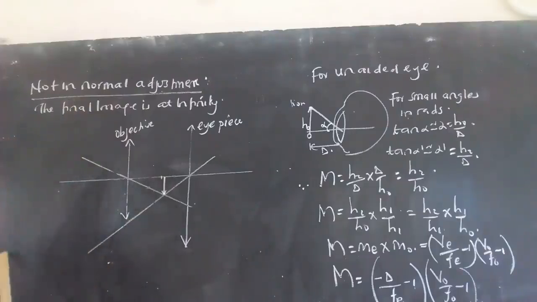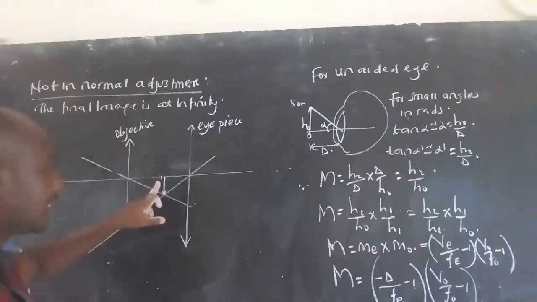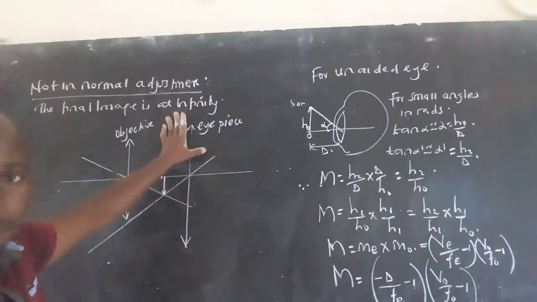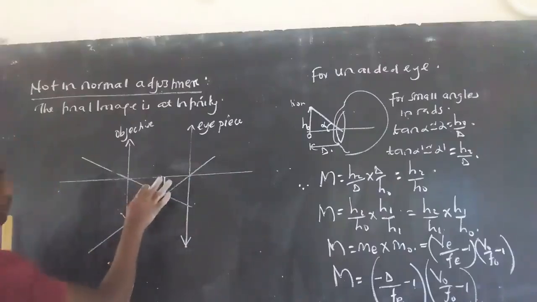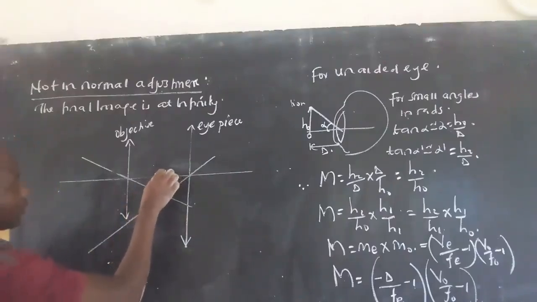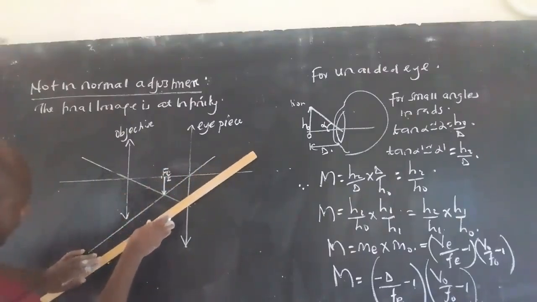But then, if this one is to form the final image at infinity, then this should be at the principal focus of the eyepiece. Therefore, this image I will be at FE, like that. Then the final image will be at infinity.